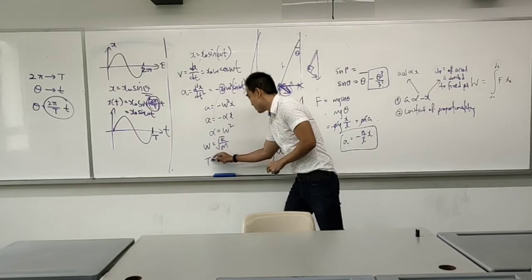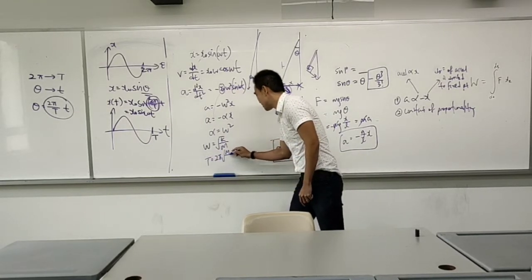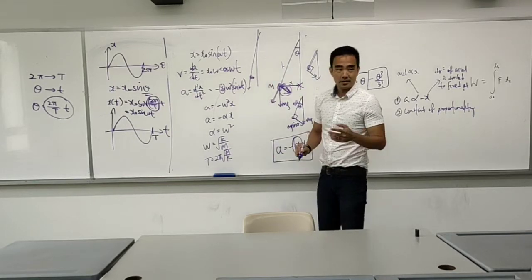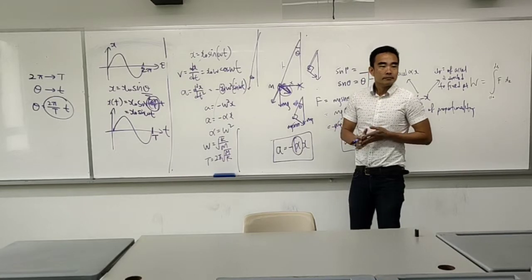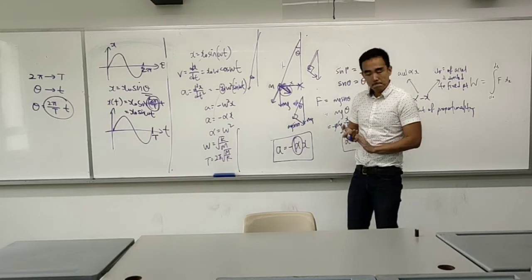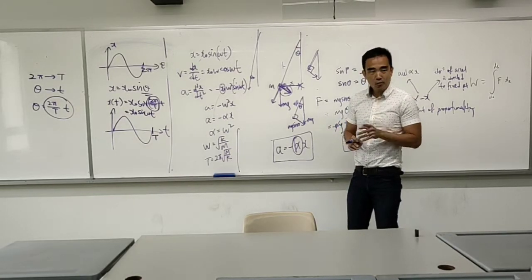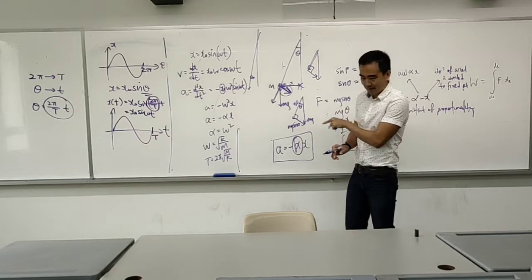That is to say, the period of a spring mass system is this. Isn't that just the equation of the old ones for period? Yes. But now what you learn is why it is that form.